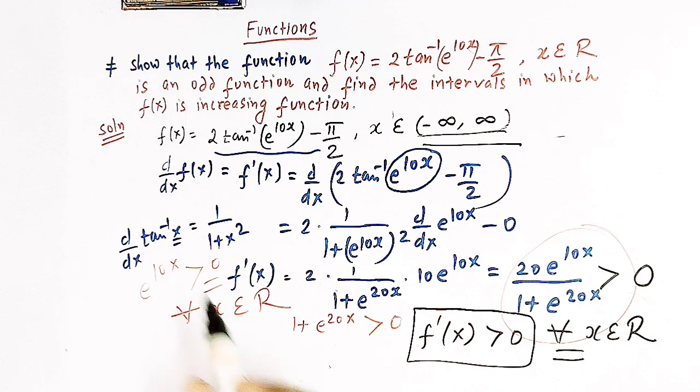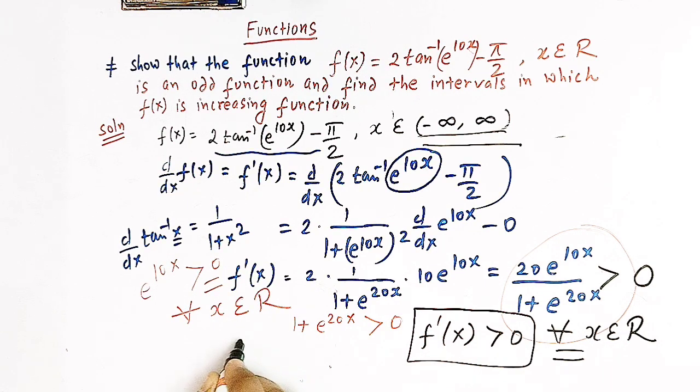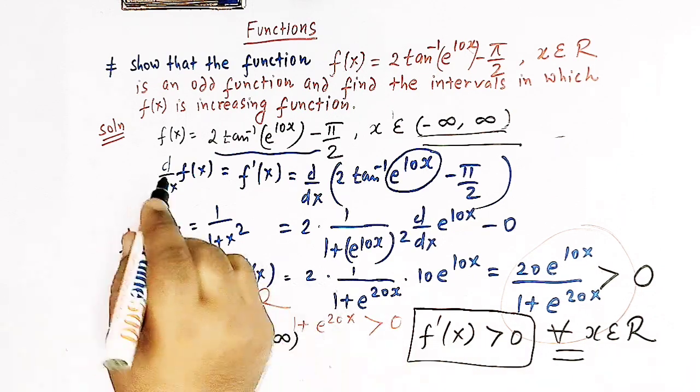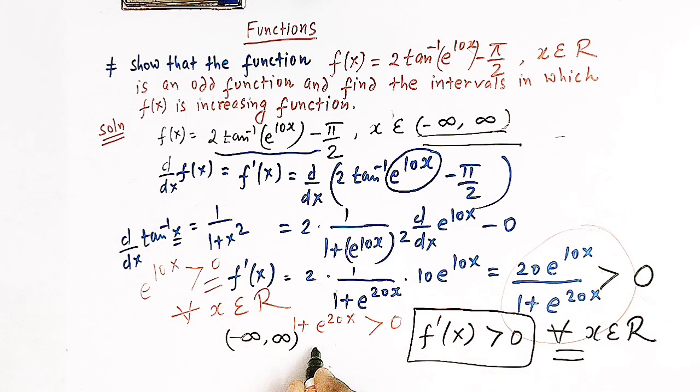So this function f of x is a strictly increasing function in the interval from minus infinity to plus infinity, which can also be written as f of x is strictly increasing for all values of x belonging to the set of real numbers, right? So viewers, this is how we can solve these kind of problems.